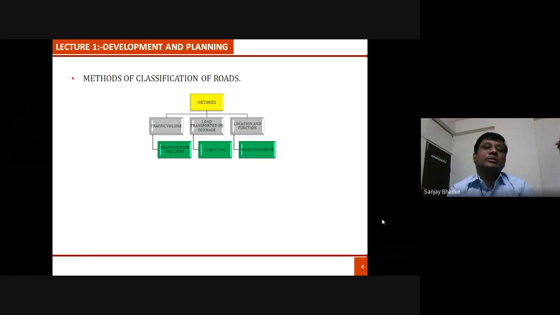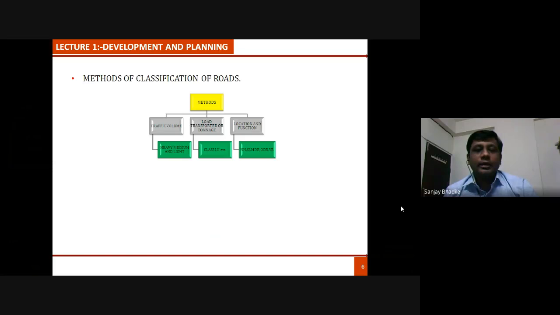Earlier, we used small chips of stone, then we used murum material for road development, and that type of road is called the WBM road, that is, water bound macadam. Then day by day we developed road construction, and now we are using new technology in road construction.